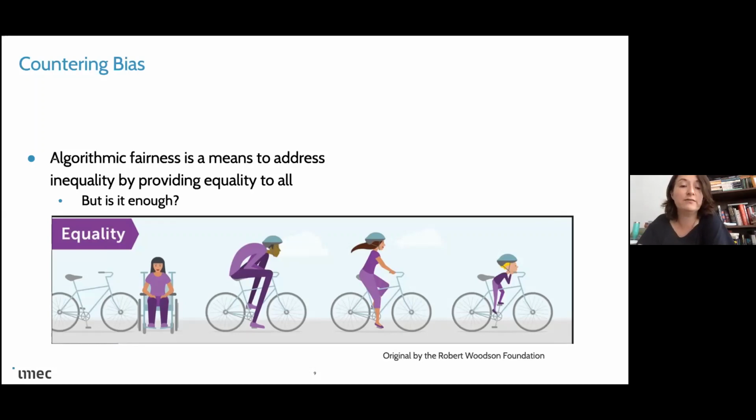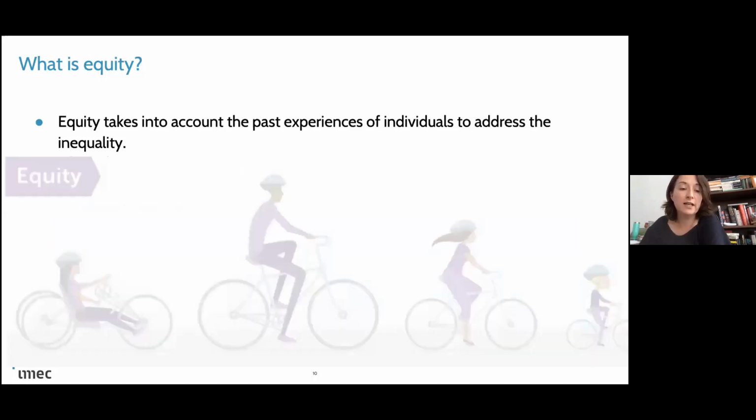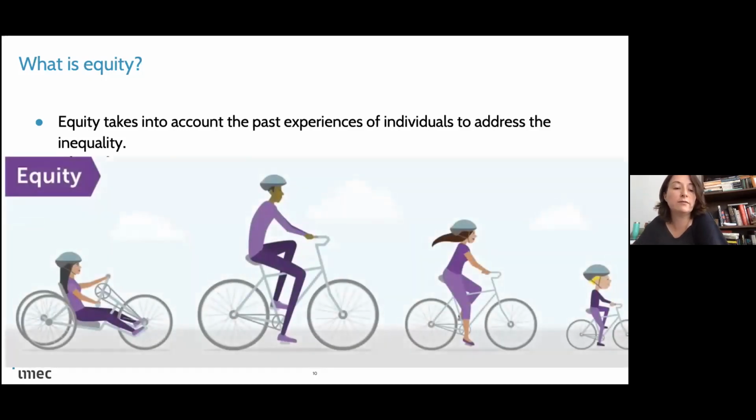One person cannot even start to get there, and only one person has all the advantages. And that's why it's important to take equity into account, because equity actually looks at the past experiences of an individual to address inequality. And that means that in order to achieve the destination, everyone gets an adjusted bike. And this is what we mean with equity.